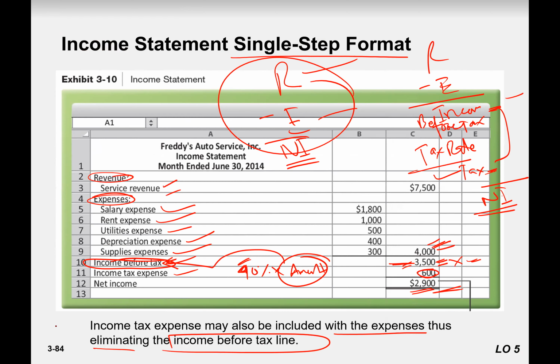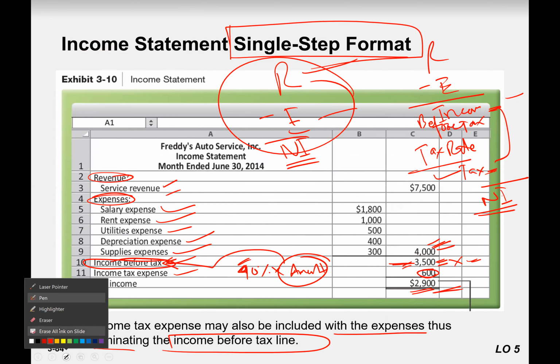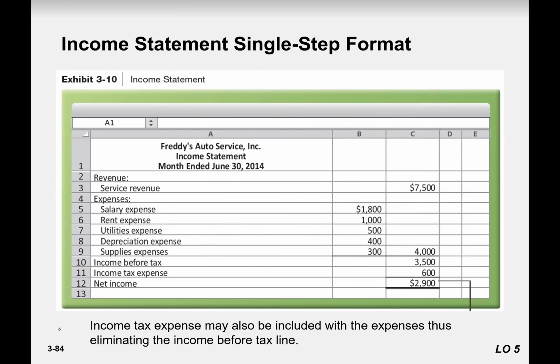So everybody understand this single step format? Any question? Chandra, Christine, you understand? Yeah. And then we have Lisa, Crystal, Jackie, Leo, Stella.